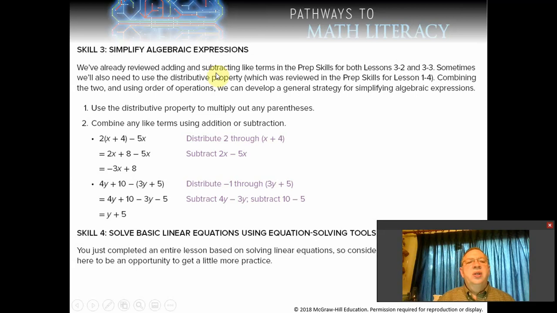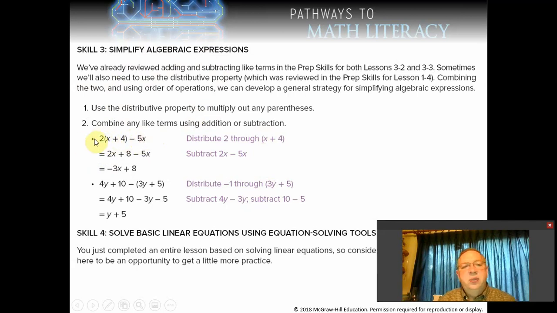We're also going to look at simplifying algebraic expressions. When we are simplifying, at times we need to expand everything out so that we can group terms together. Here we've got parentheses, and this means 2 times the quantity x plus 4, minus 5x.